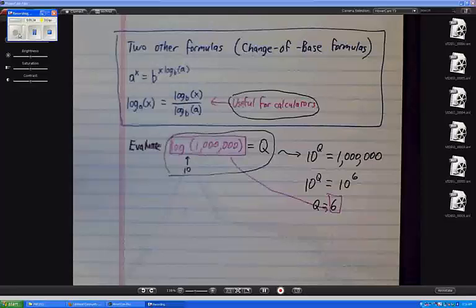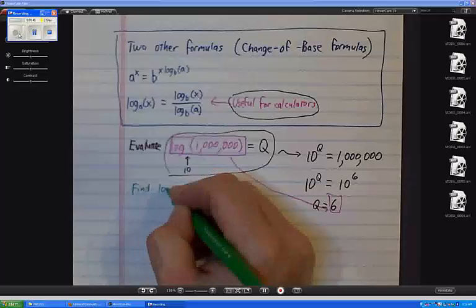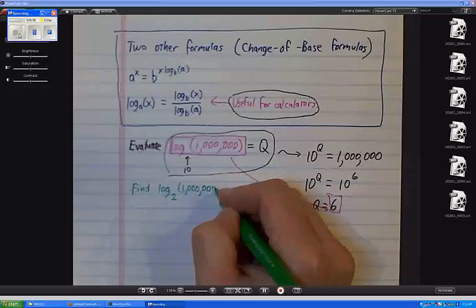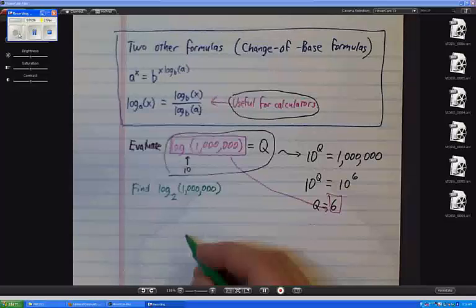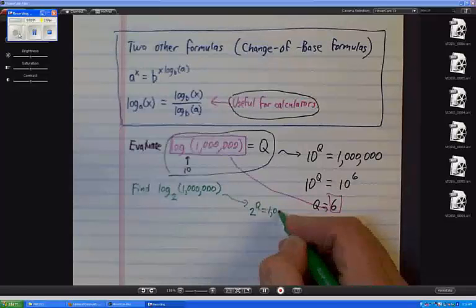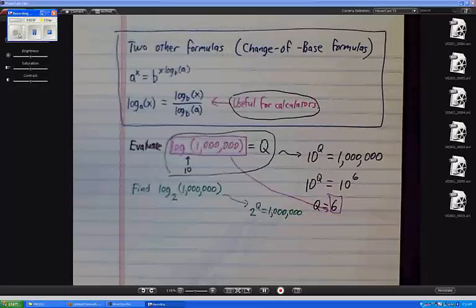What exponent would make a million if my base is 10? All right, that's easy. Now, what if I said something like this? Find the log base 2 of 1 million. Well, now if you go through the same calculation, you get 2 to the q is a million. And remember how Barb was stuck when we had 1/2 as our base? Now I'm stuck. I have 2 as my base and I don't like it.